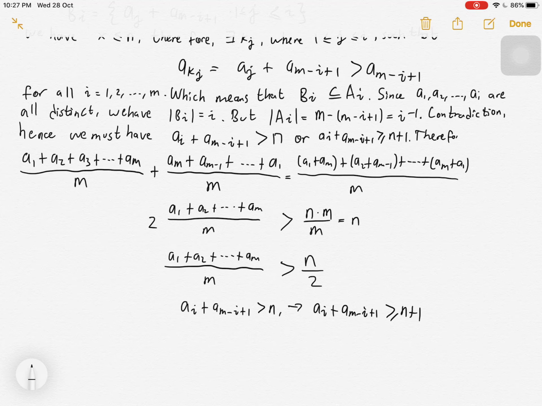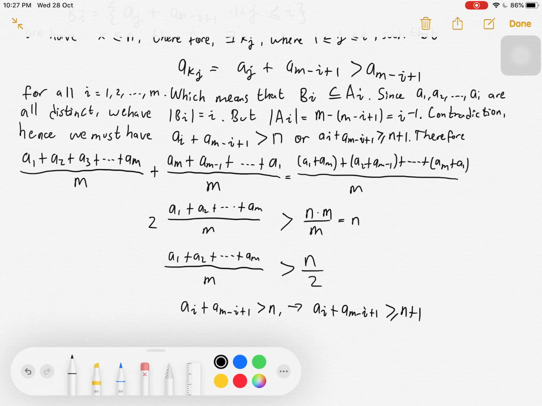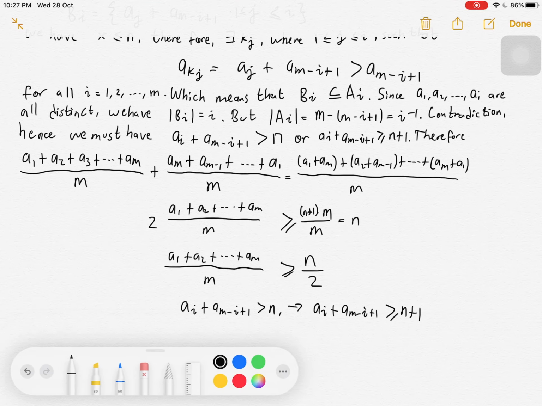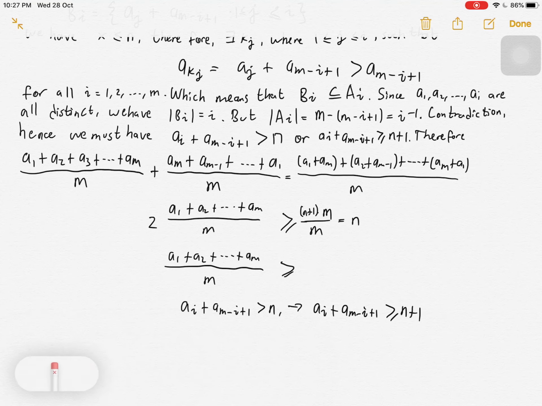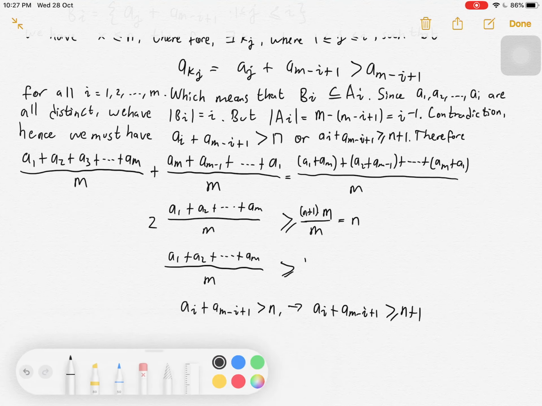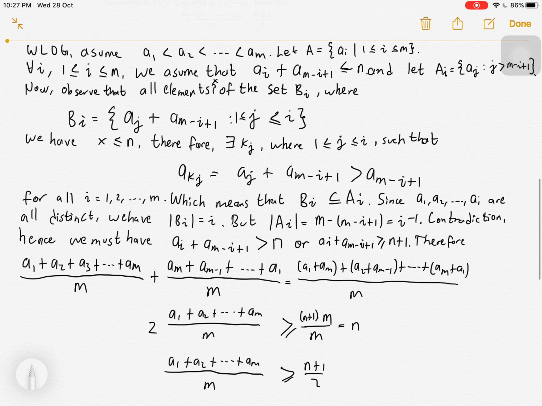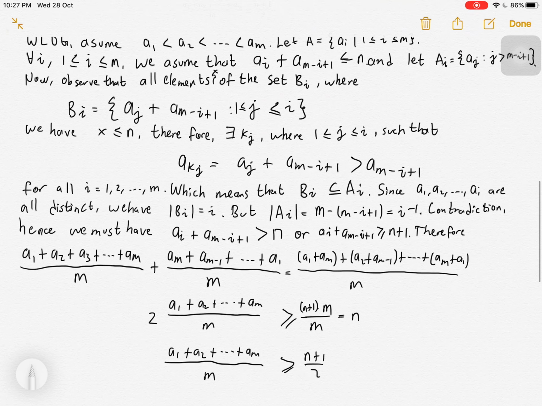And therefore, this n over here will be n plus 1, and this must be greater than or equal to n plus 1 over 2. And we have proven the problem as desired.